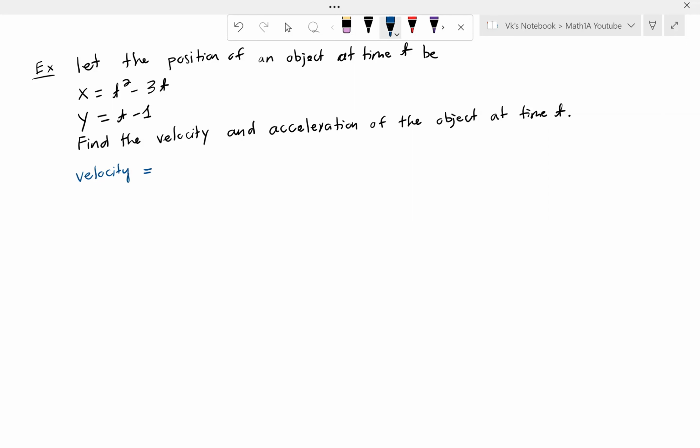Velocity is y prime, which is the derivative with respect to t of y divided by the derivative with respect to t of x, and that would be 1 over 2t minus 3. Acceleration is y double prime.